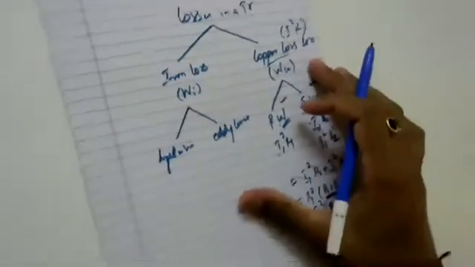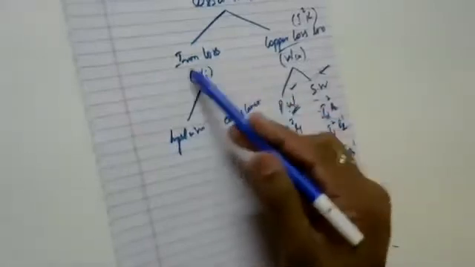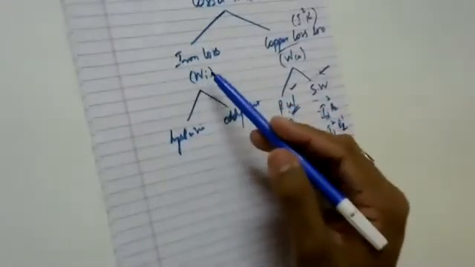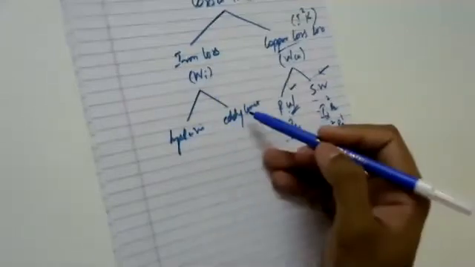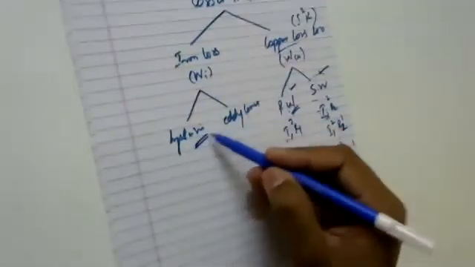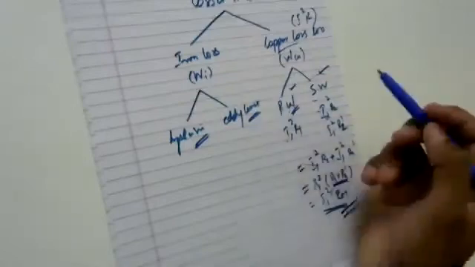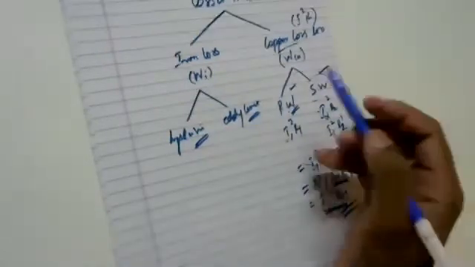Then when I come to the iron loss, as I have already stated prior, the iron loss can be classified into two parts. One is hysteresis loss, and the other is eddy current loss. So where is this eddy current loss going to occur? As you know, a transformer core is made up of n number of laminations.